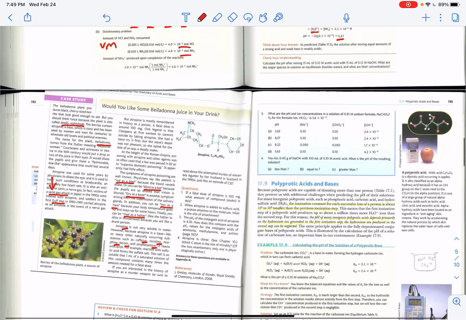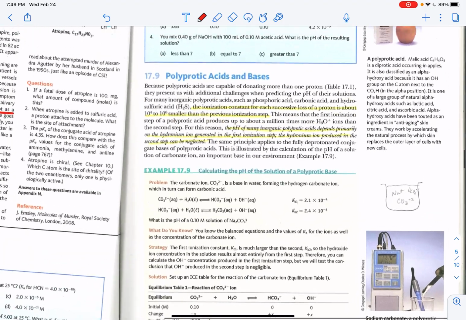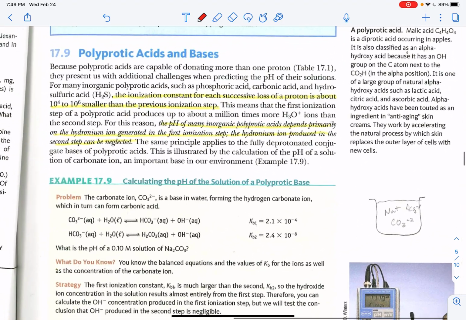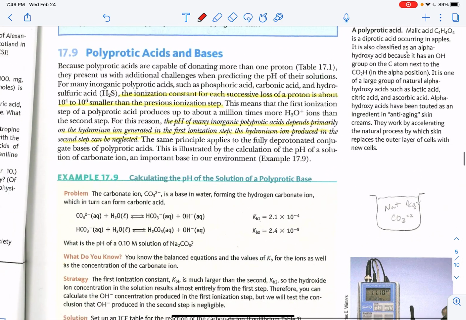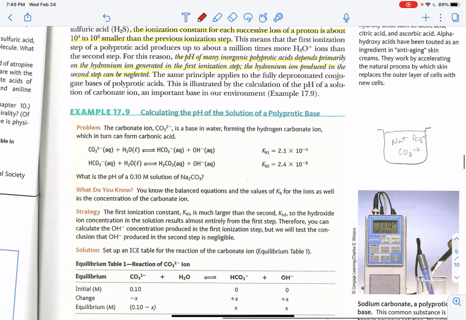So, moving right along. We've talked about polyprotic acids before, and we talked about how you generate the first proton, and then usually about a factor of 10,000 less that you're going to lose the second proton.